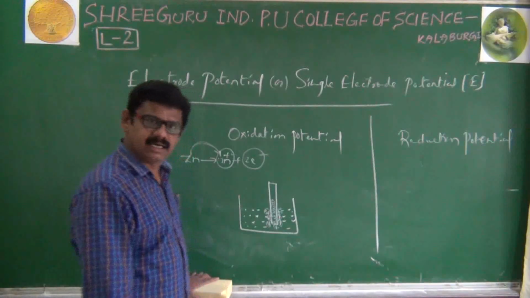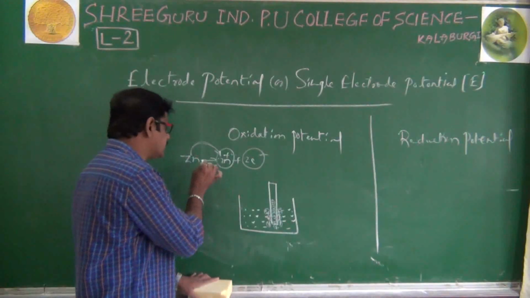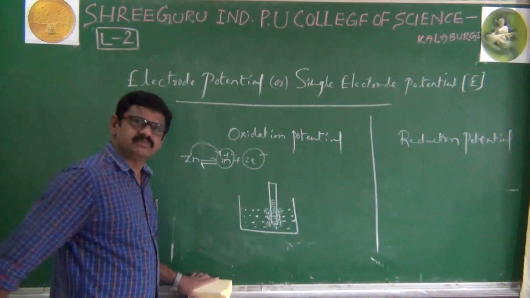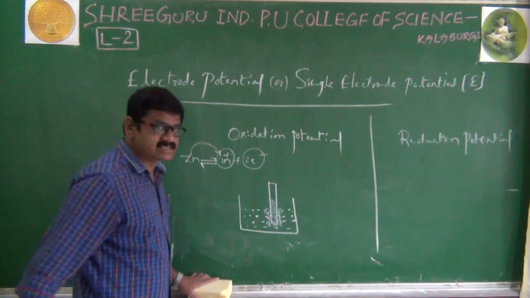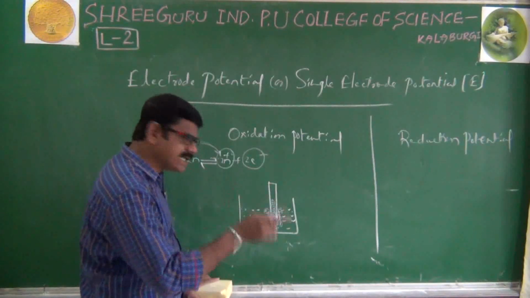That is why we show a double arrow. Here, equilibrium exists between Zn and Zn plus 2.